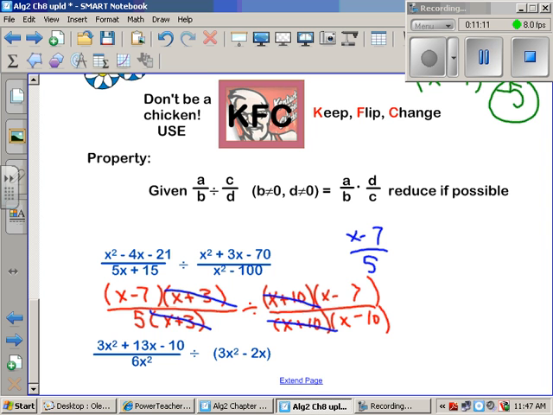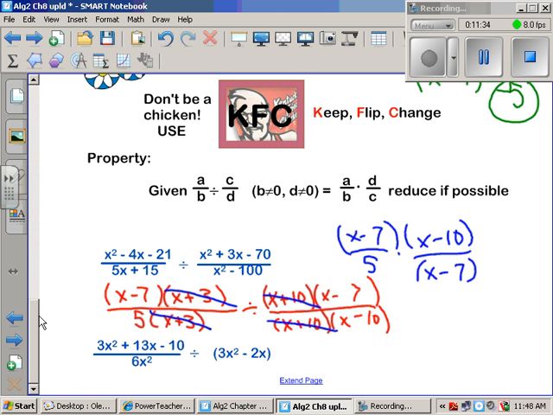Now I'm going to do the keep, flip, change. So I kept the first one. I'm going to flip this one to be x minus 10 over x minus 7. And then I'm going to change the division to multiplication.